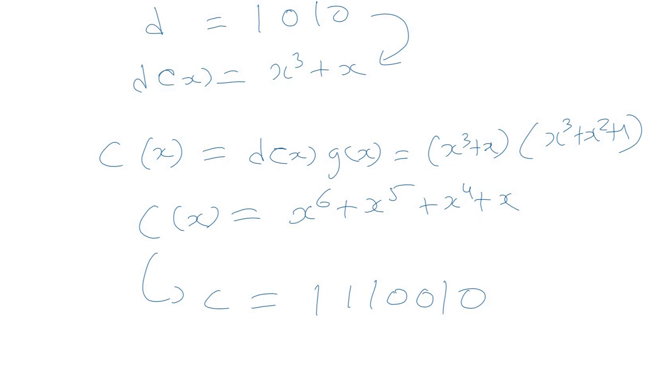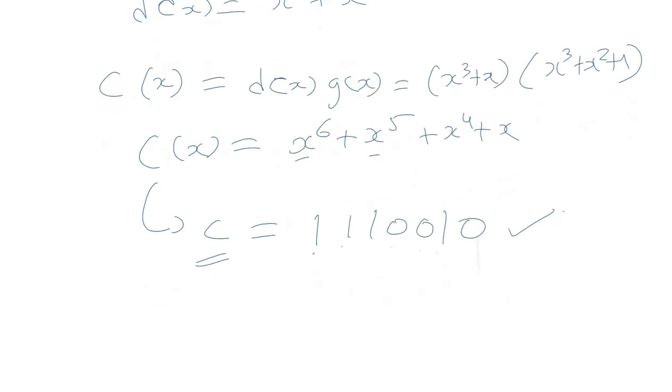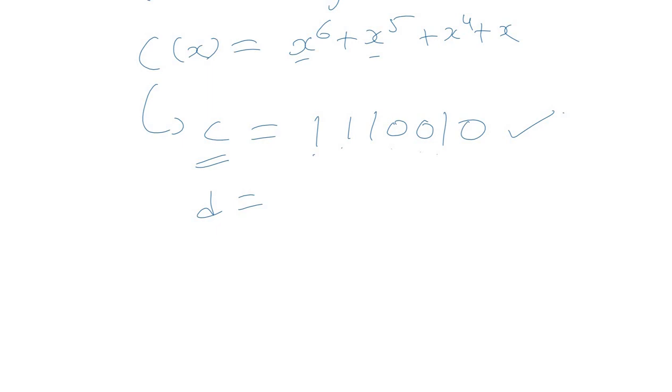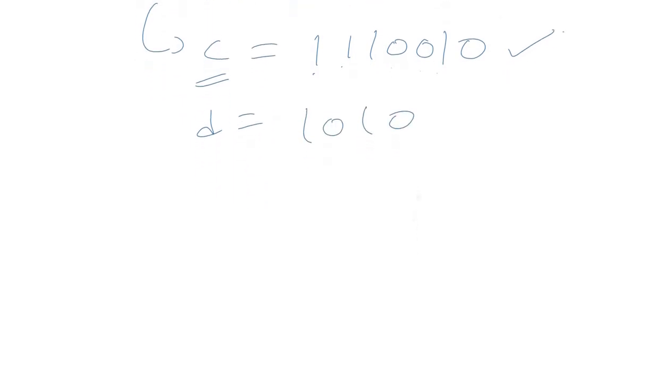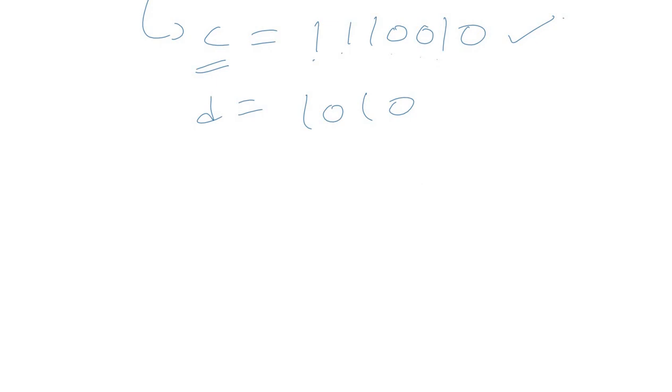It should be a 7-digit code because the cyclic code given is a (7,4) code. So using this polynomial, the code vector is 1 1 1 0 0 1 0. This is the code vector corresponding to the data vector 1 0 1 0. Similarly, we can find out the code vector for all the given 4 data words.